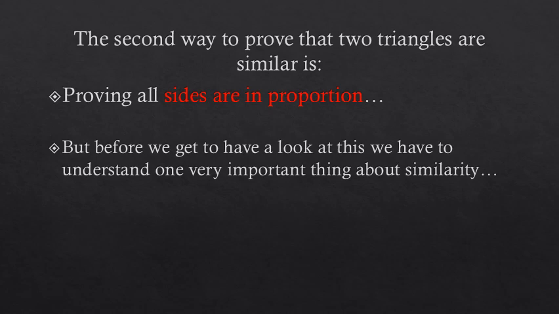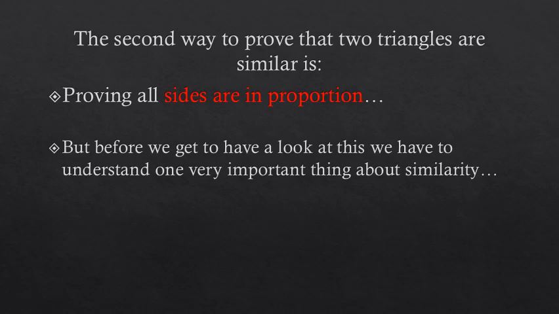Okay, the second way to prove that two triangles are similar is proving that all sides are in proportion. The first one was angle, angle, angle, proving that all 3 angles are the same from the one triangle to the other triangle. And then the second reason that we use is proving all sides are in proportion.